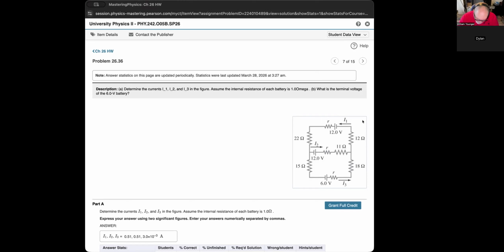Let's combine like terms. I got 6 and 12, which would give me 18.0. And then the I3s I add together: 1, 18, and 15. So that'd be 19 plus 15, that'd be 34.